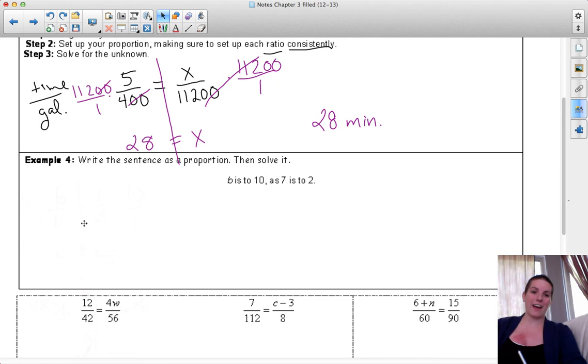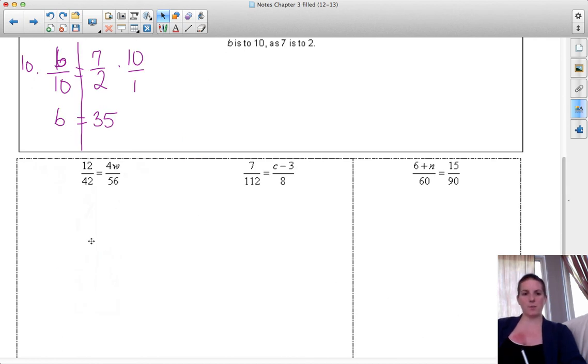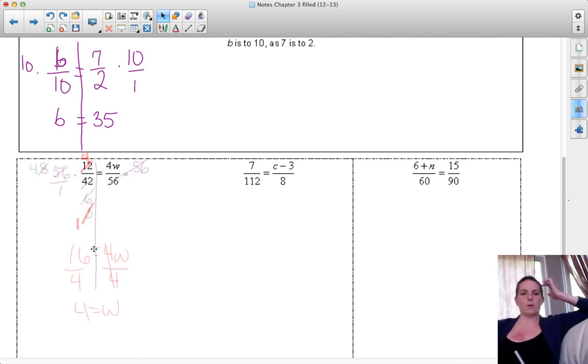Alright, so hopefully you did that, and hopefully your work for example 4 gave you an answer of b equal to 35, and when you did this other problem, which is coincidentally not numbered, that you ended up with w equal to 4. I want to point out all this simplifying that I had to do.